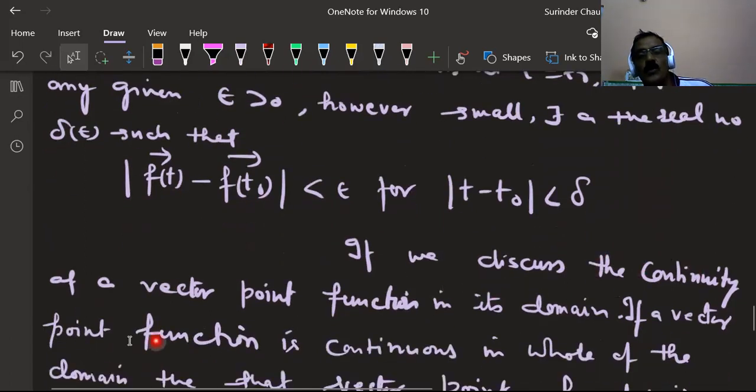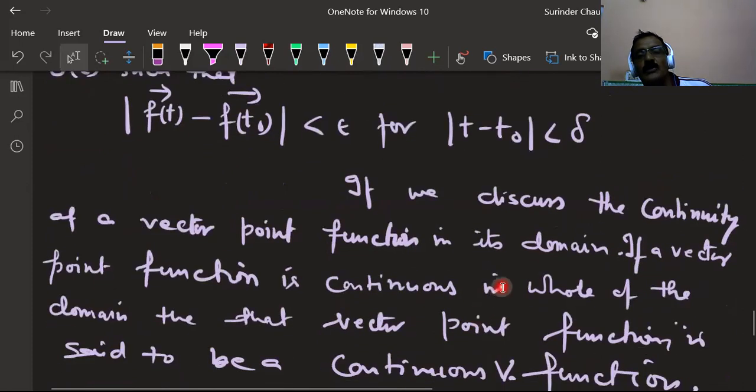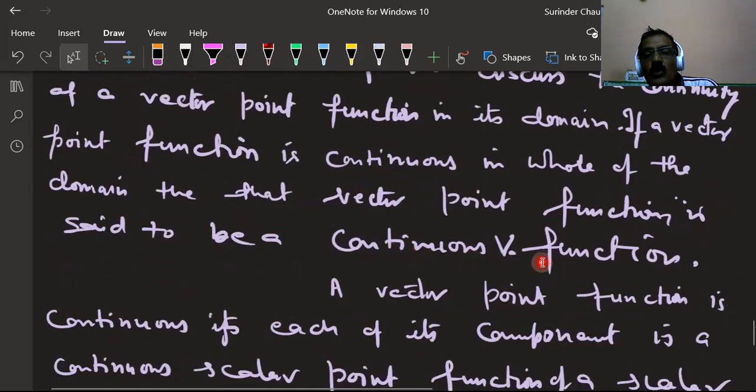If we discuss the continuity of a vector function in its domain, and the vector point function is continuous in the whole of the domain, then that vector function is said to be a continuous vector function.